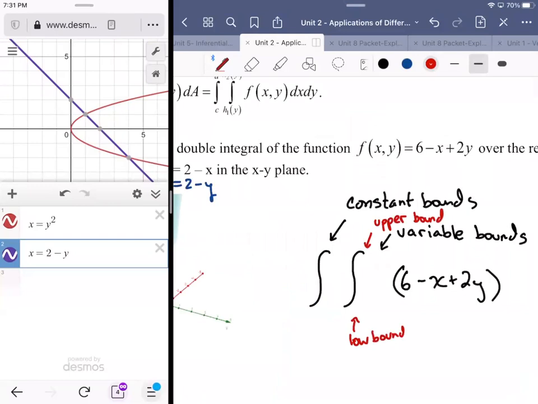We're looking at the leftmost part of the graph. There's no disagreement. The leftmost part of the graph is always the parabola, so that's going to be x equals y squared. The rightmost is going to be the line x equals 2 minus y.